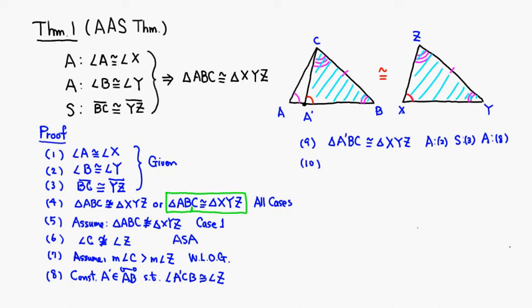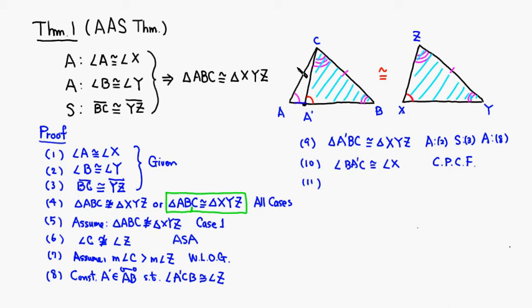So angle B A prime C is congruent to angle X. This is just corresponding parts of congruent figures. And then number 11. But there's something weird happening here.